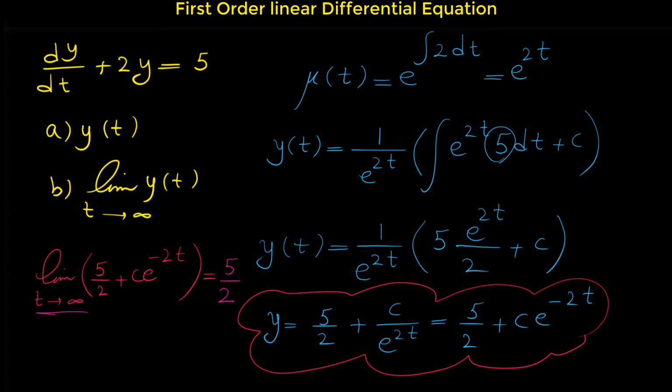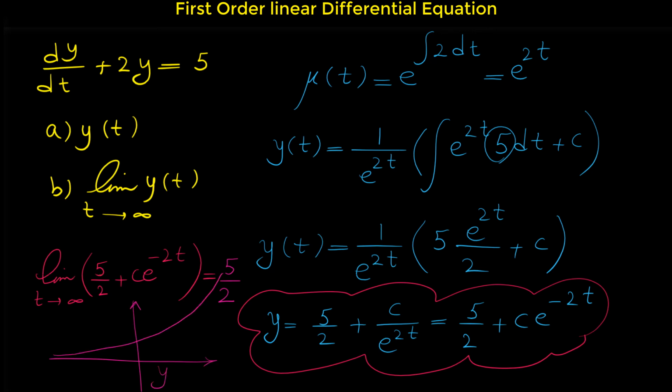Note that when t goes to infinity, e to the power of -infinity approaches 0. T goes to infinity, so -2t goes to -infinity, and e to the power of -infinity is 0. Let me show you here the graph of the function e to the x.